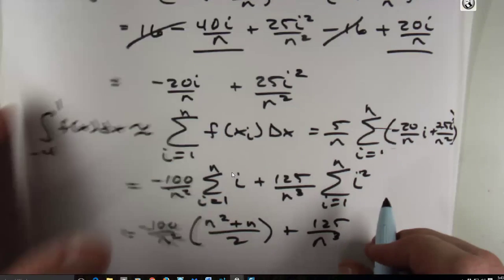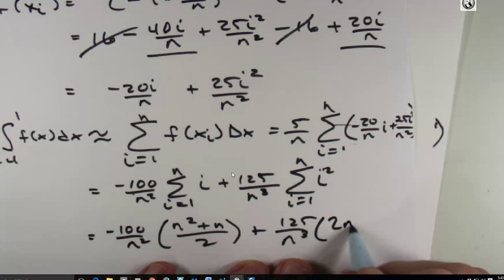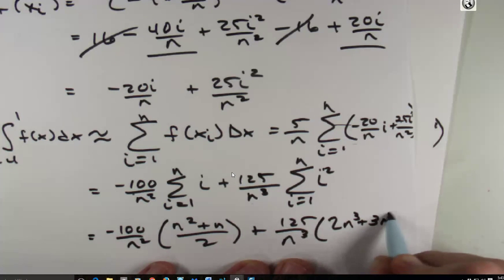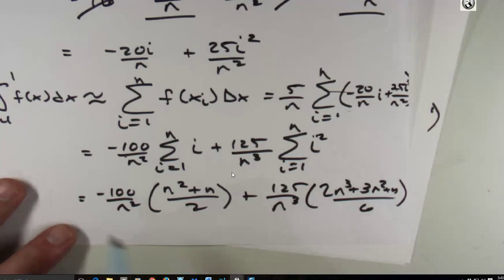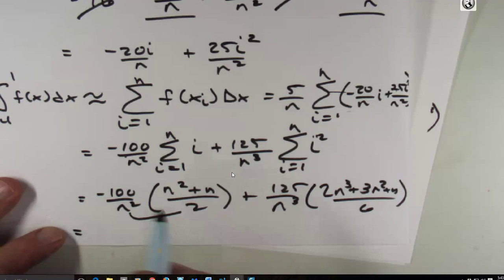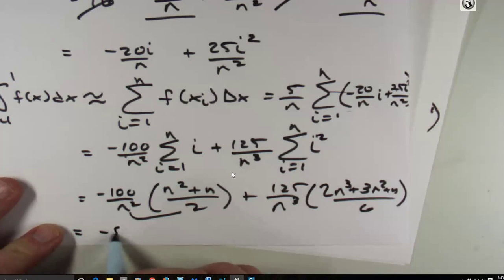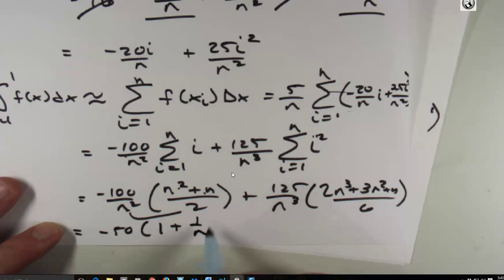Okay, this, I was amazed I remembered this today, is 2n cubed plus 3n squared plus n over 6. Now we've got a heck of a lot of algebra to do. I'm going to interchange the n squared and the 2. Half of minus 100, I hope, is still minus 50. n squared over n squared is 1, plus n over n squared is 1 over n.